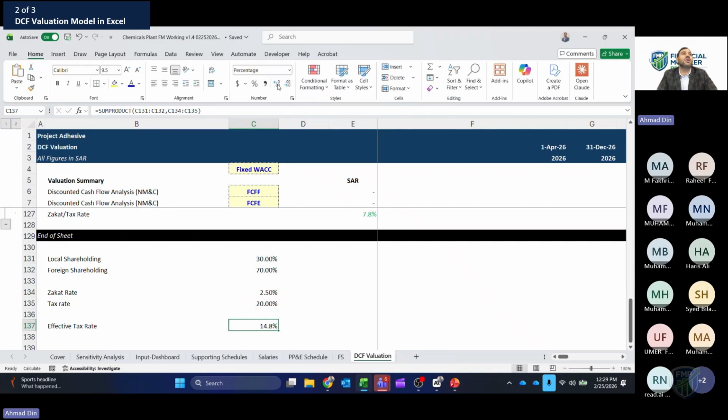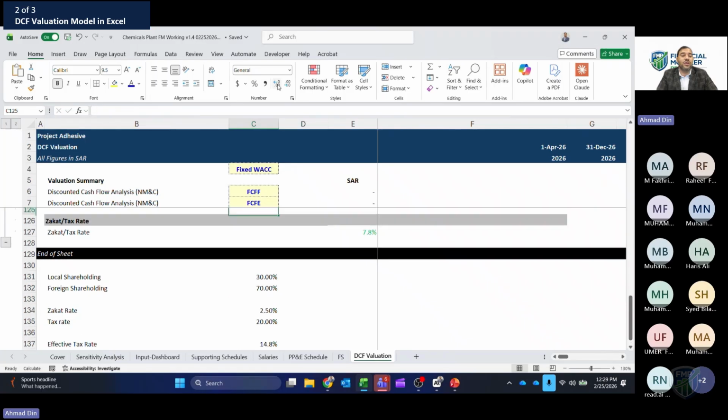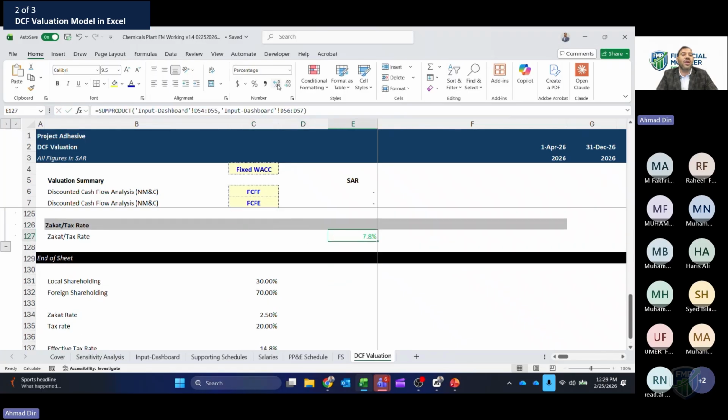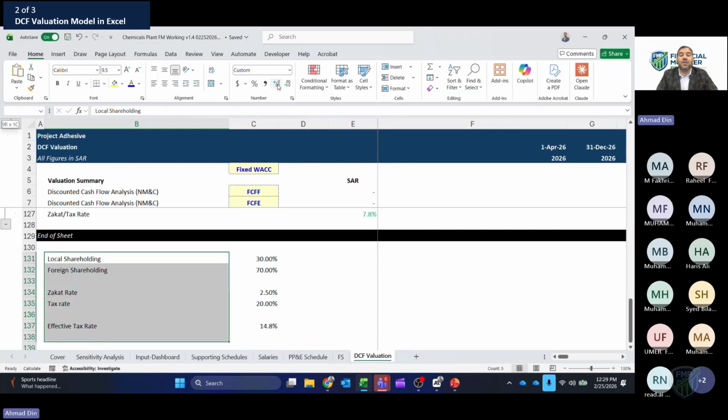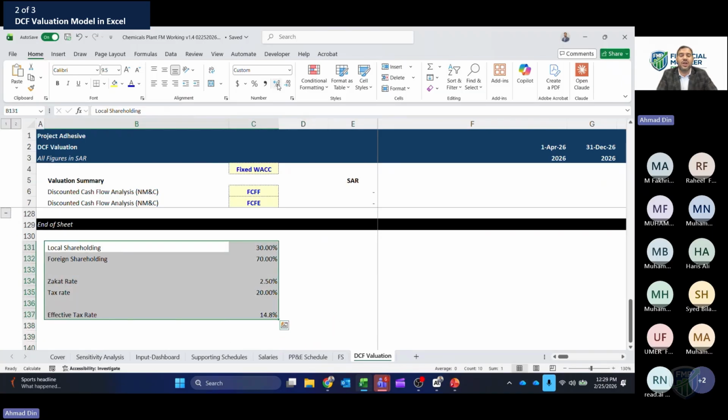This depends on the company we are discussing. At this moment, it is 7.8% for this company. So it changes from company to company, but this is specifically for Saudi Arabia. For other countries, we will follow their country rules. This is the Zakat and tax rule.